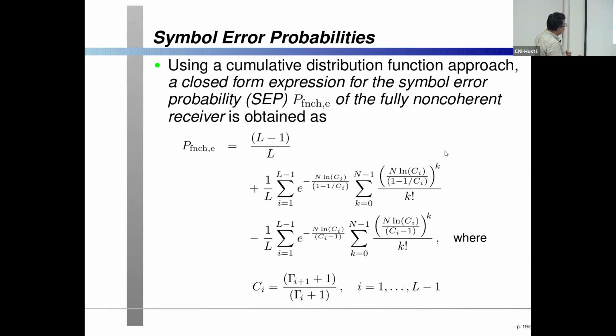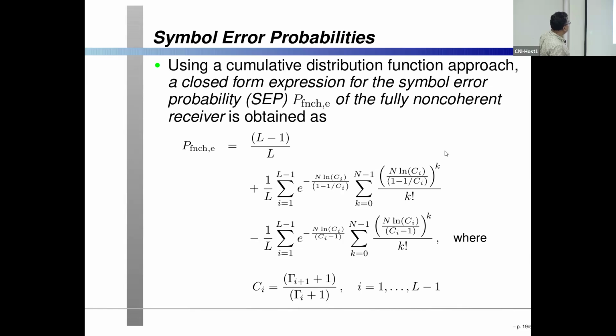These individual elements are parts of the gamma CDF, and it basically depends on this ratio. This is the ratio of signal plus noise of adjacent symbols, as you can see. It's gamma i plus 1 divided by gamma i. It does not depend on the distance between symbols. It depends on the ratios of signal plus noise.